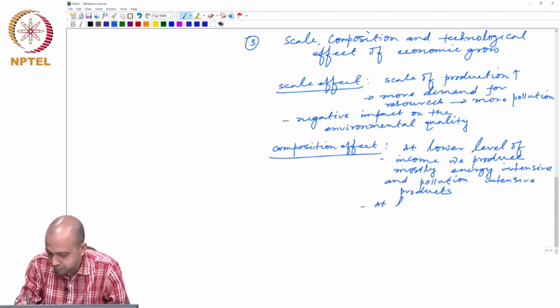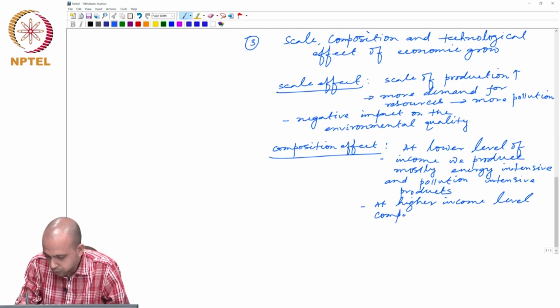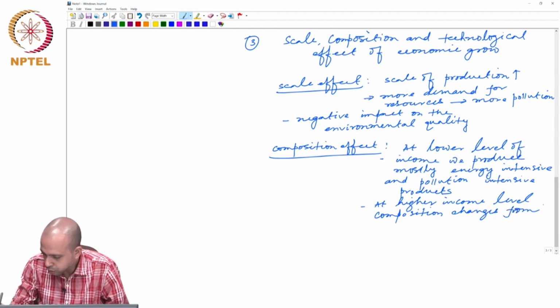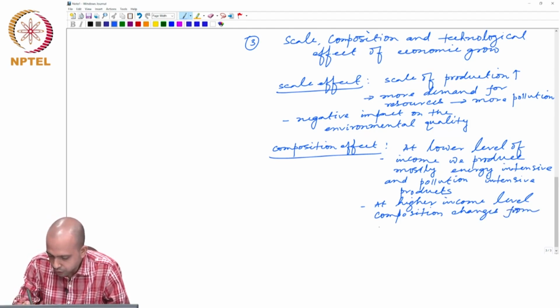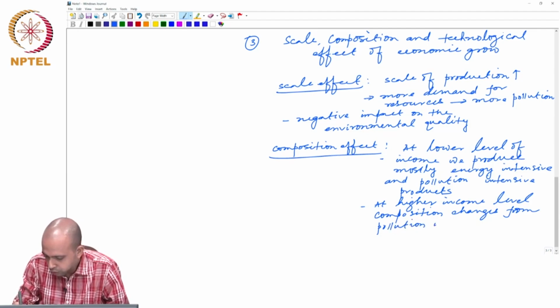At higher income level, composition changes from energy and pollution intensive to cleaner products.